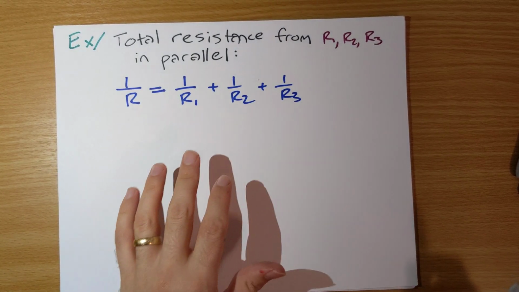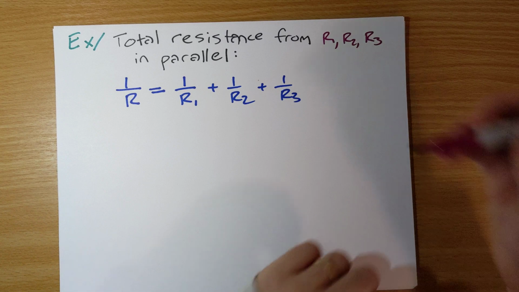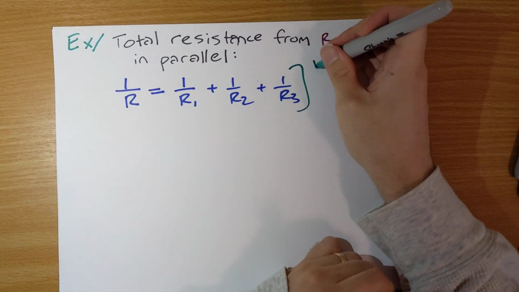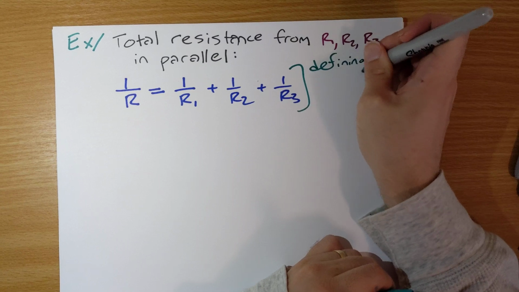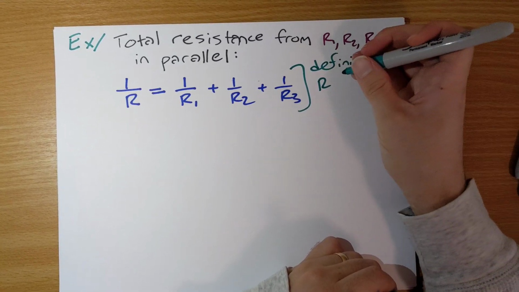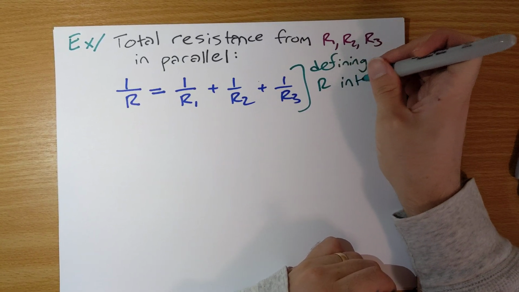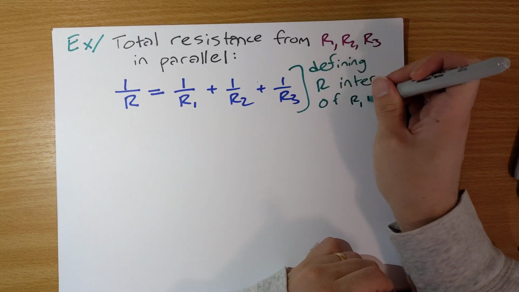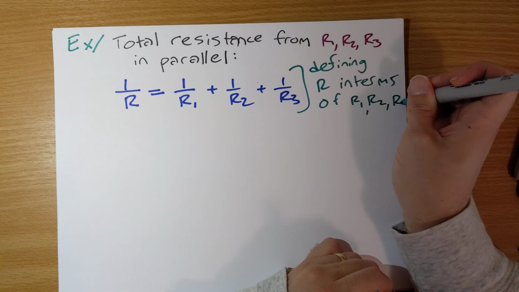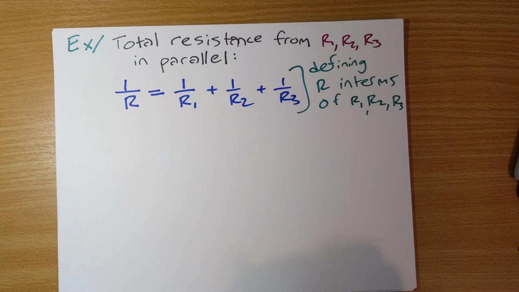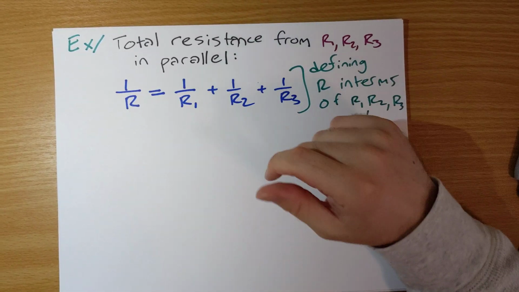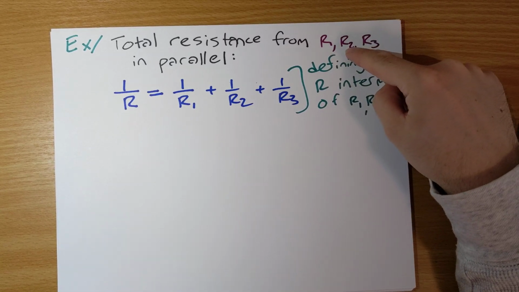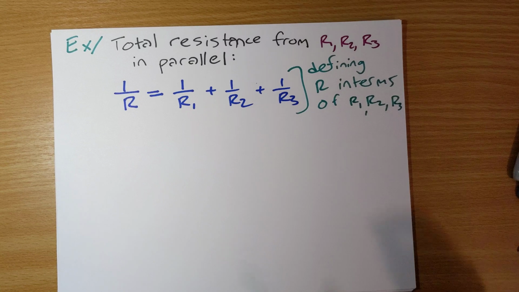But we can think of this as defining R implicitly in terms of R1, R2, and R3. So these three resistances we can think about: we could change R1 separately, we can change R2 separately, we can change R3 separately.